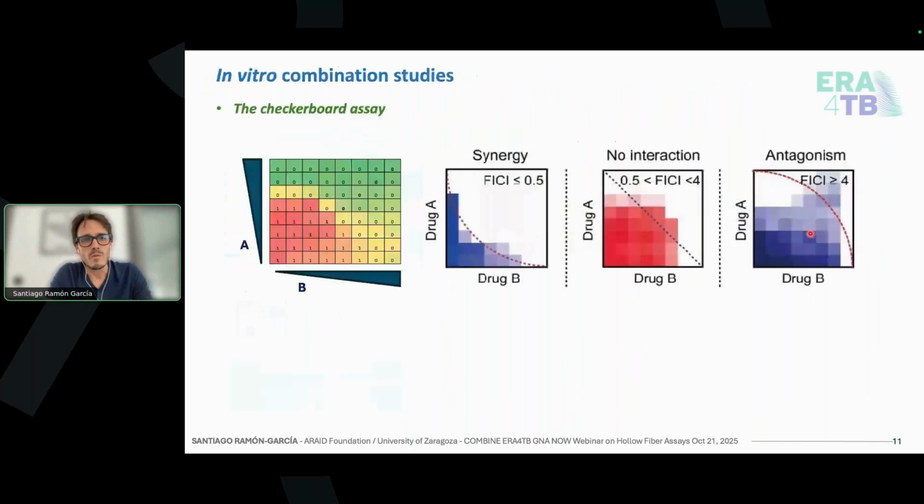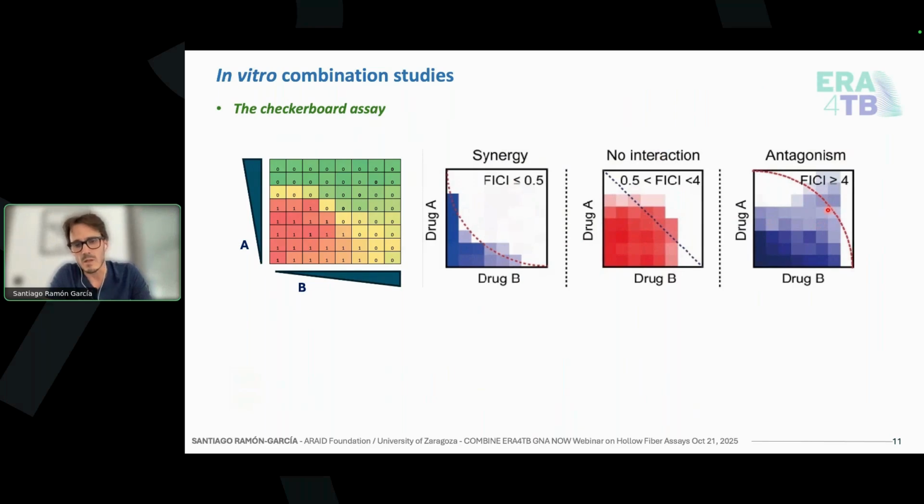Then when we move into combination studies, we use the checkerboard assay. Typically it is a 2-dimension with a concentration gradient of drug A in this direction and B in this direction. And depending on the profile, we can assign synergism, no interaction, or antagonism profiles.